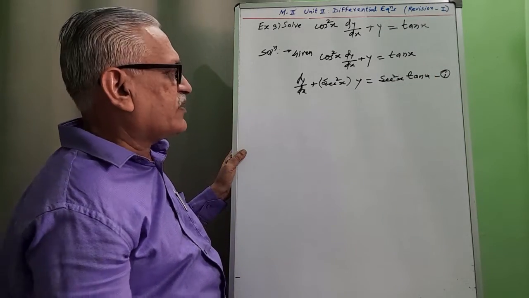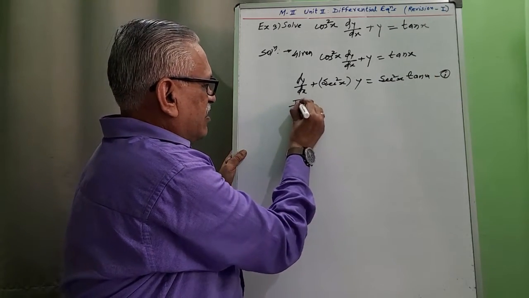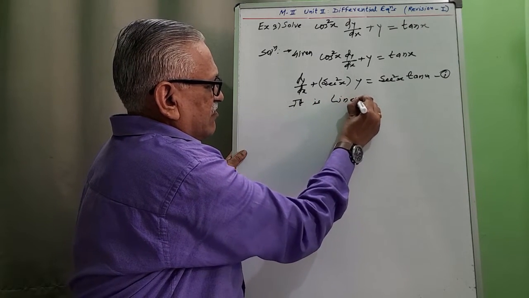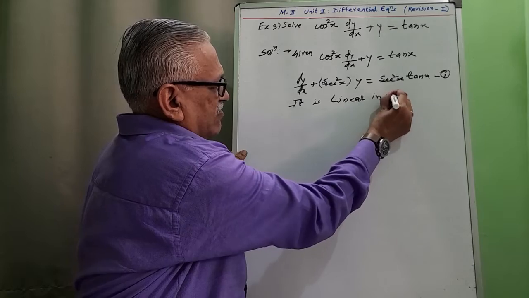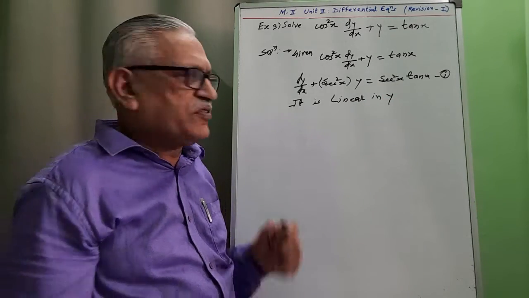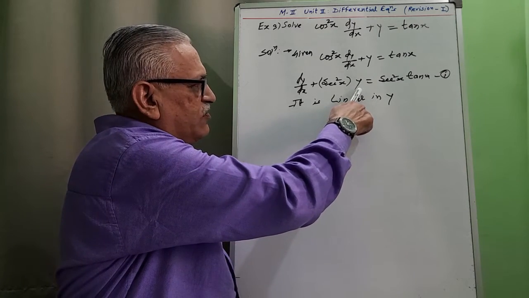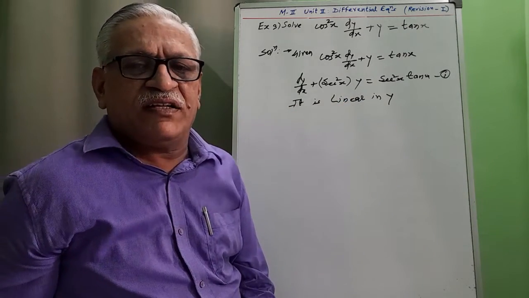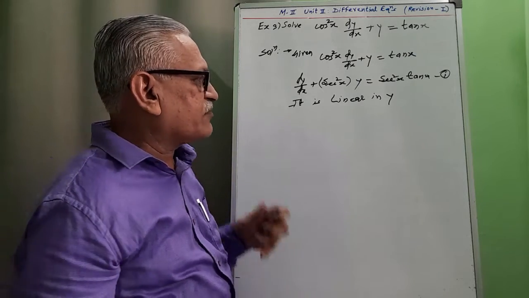Equation number 1. It is linear in y. Linear means it satisfies the definition. What is the definition? The dependent variable and its differential coefficient both must be in degree 1 and not multiplied together.